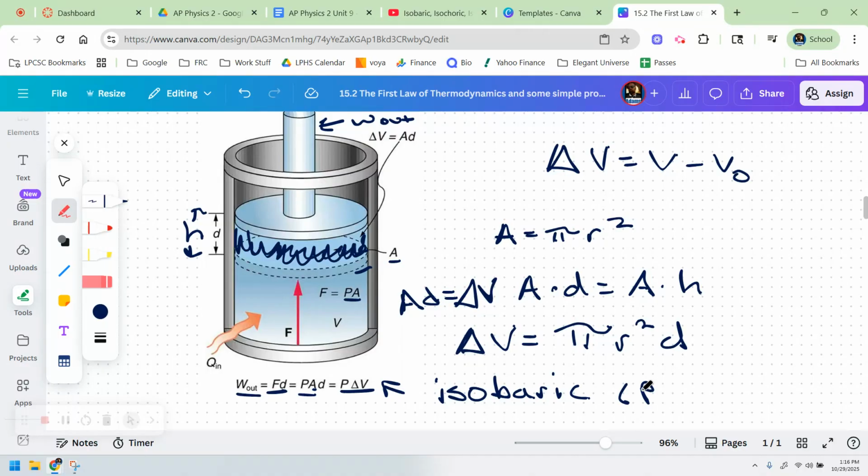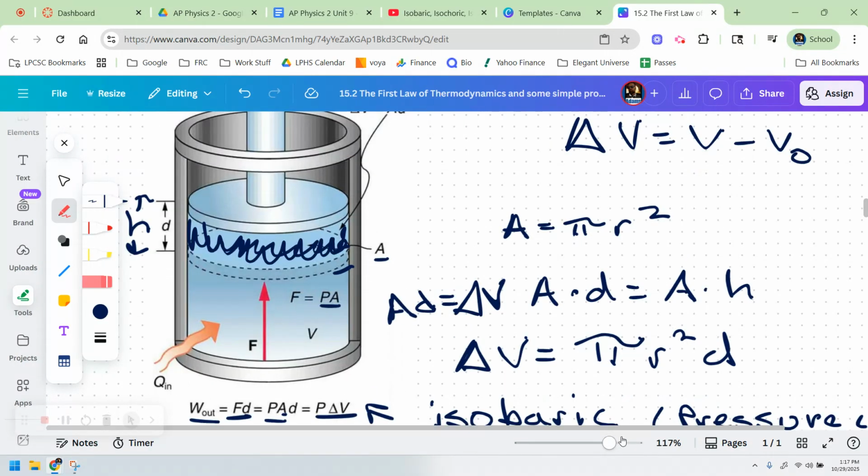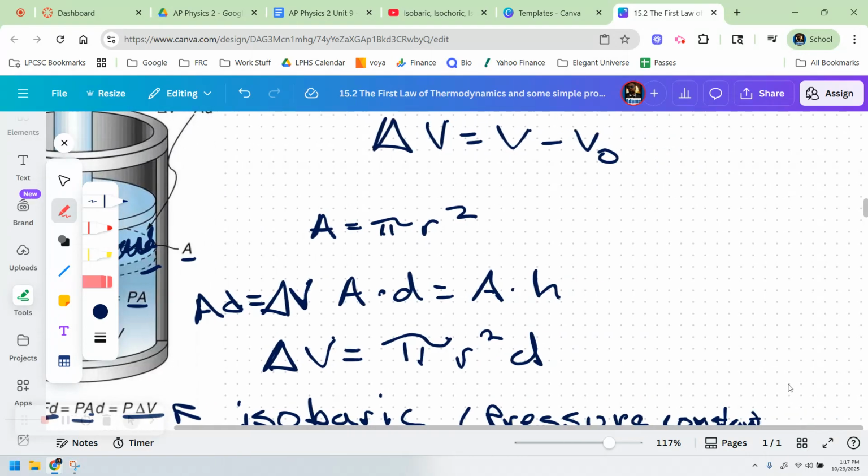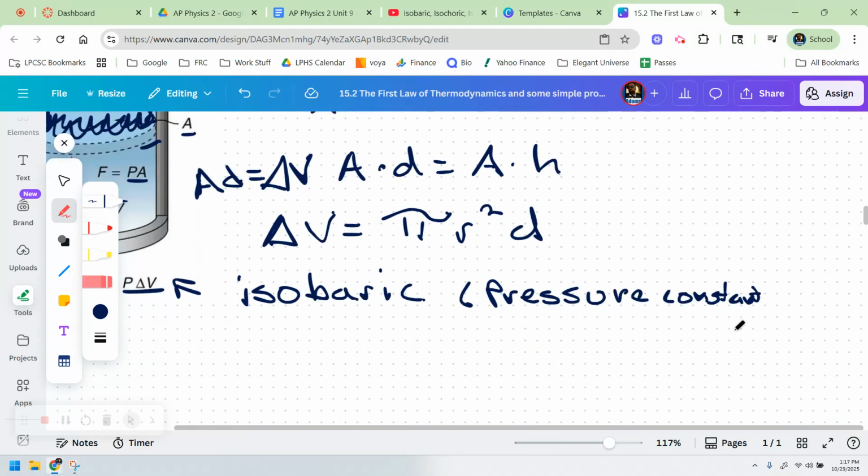Pressure is constant. I'm going to run out of room here. So the pressure is constant.